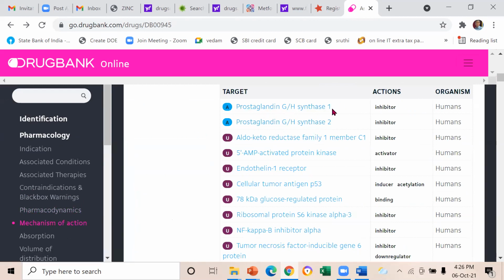Like I mentioned, prostaglandin synthase 1 and prostaglandin synthase 2. Okay, so it gives you information about it.